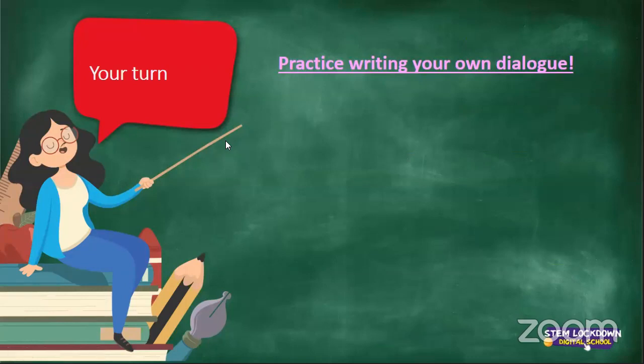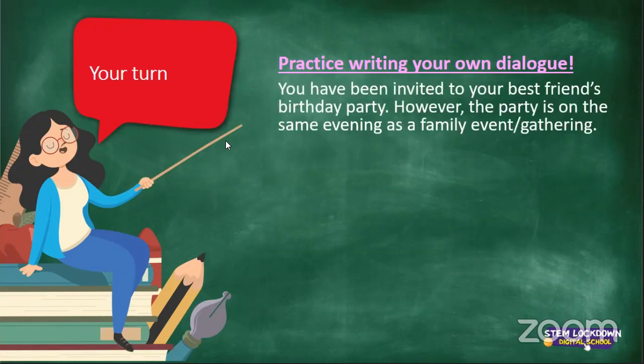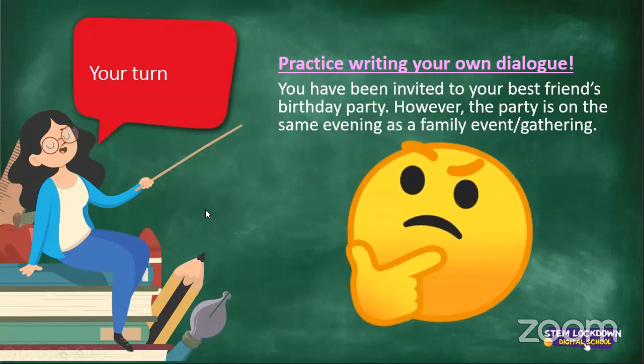Practice your own dialogue, okay? And we have been given this essay question. You have this dialogue question. You have been invited to your best friend's birthday party. However, the party is on the same evening as a family event or gathering. Decisions.